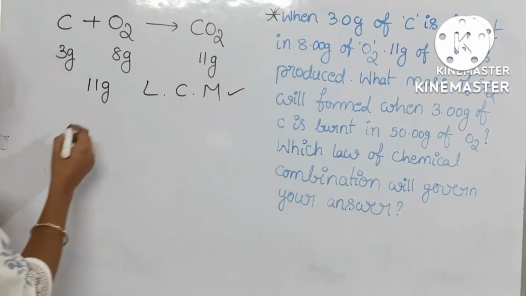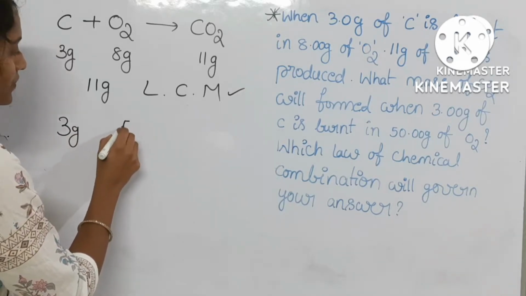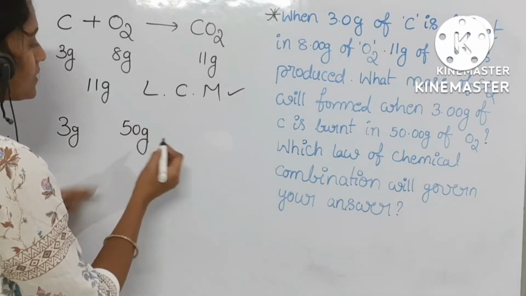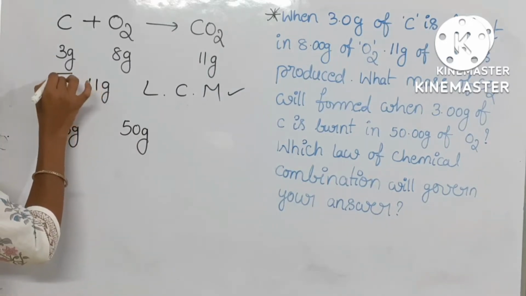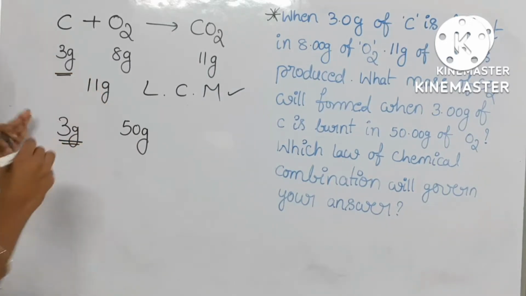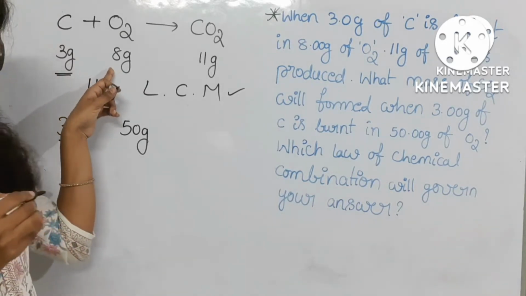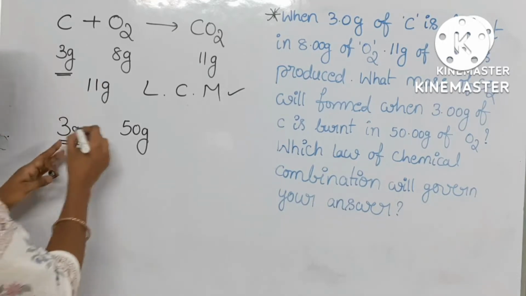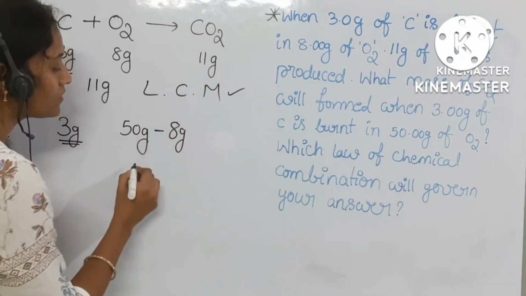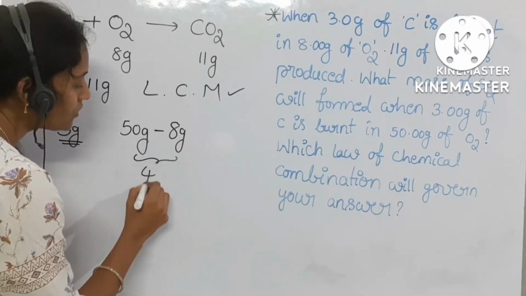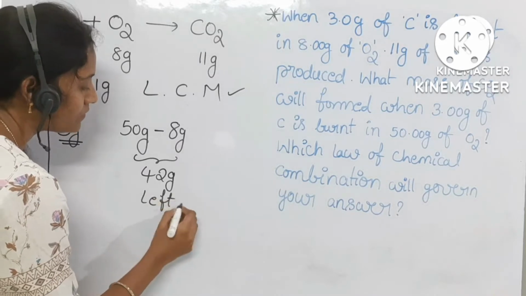Then coming to the second condition, 3 grams of carbon reacting with 50 grams of oxygen, how much mass will be generated? See, here 3 grams, and in the previous condition also 3 grams reacting with 8 grams. That means here also the 3 grams of carbon reacts with 8 grams of oxygen. So 42 grams of oxygen will be left over.